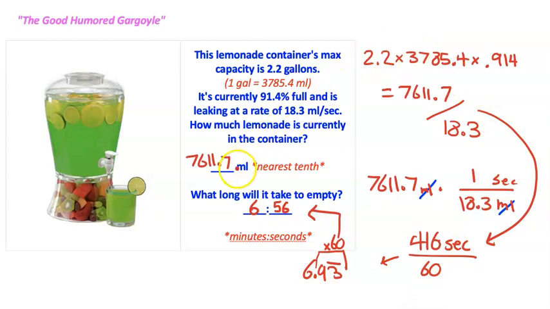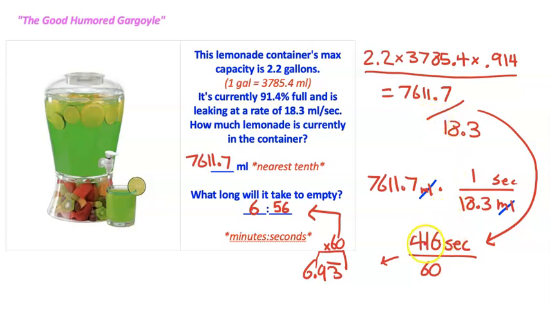All right, so a quick walkthrough again. To find the milliliters currently in the container, you take the gallons times the milliliters times the decimal of the percent. So a nice, easy multiplication flow right here. Round that to the nearest tenth, divided by the milliliters per second, because if you were doing a proper conversion factor, it would look like this.